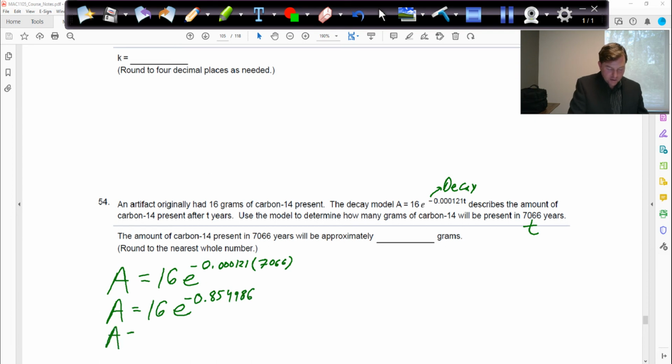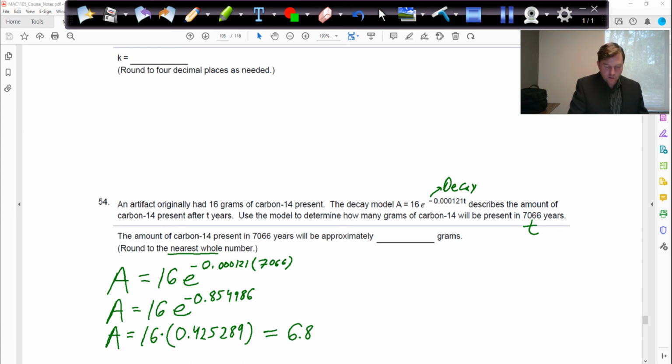Then take the e button on your calculator, so again, find that button on your calculator, and that whole thing becomes 0.425289. Then the last step is to take that number times 16, and you should get 6.8.